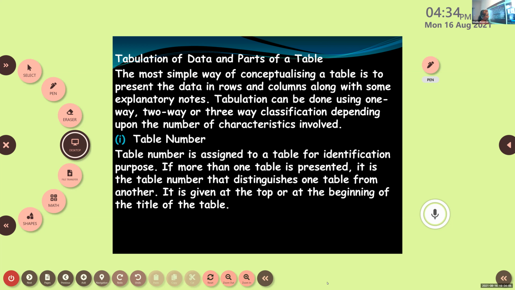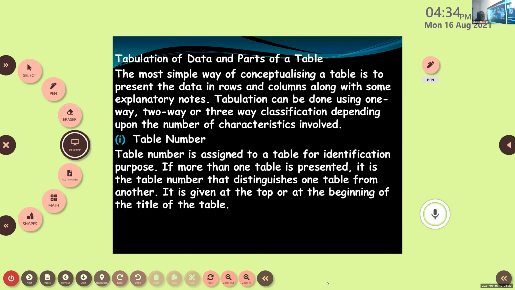Then I made you do the classification on the basis of quantitative data into tables. Now here, this is about tabulation of data and parts of a table. I didn't start, right? No, ma'am. Okay, so next one is about parts of a table.